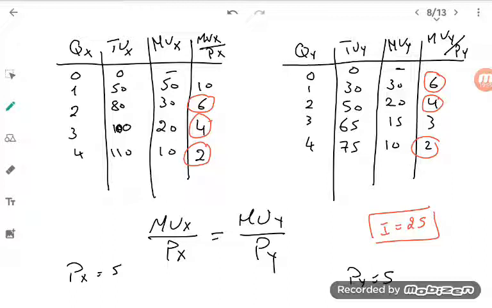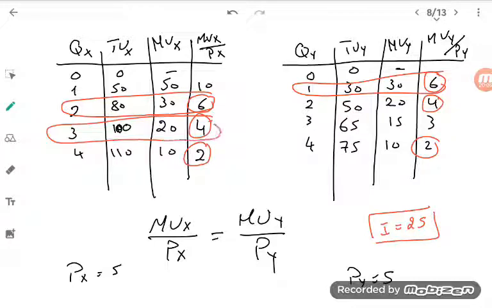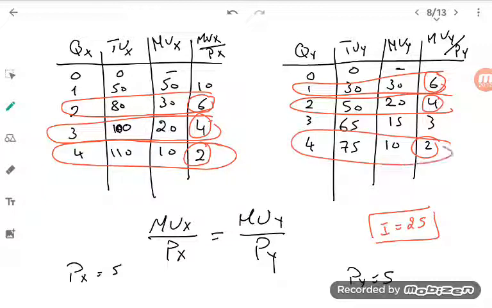In order to identify whether we are going to consume 2X and 1Y or 3X and 2Y or 4X and 4Y, we have to calculate, using the budget constraint, the value of each combination.